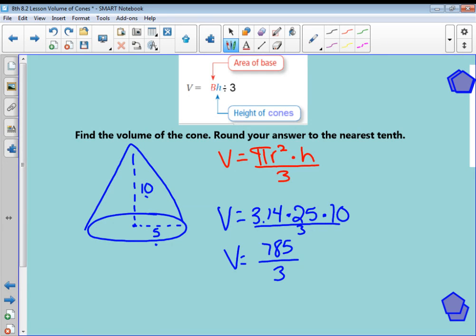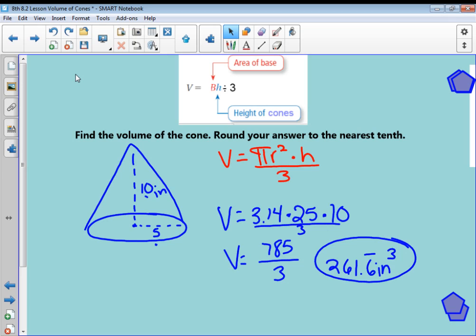And that gives me 261.6 repeating. And labels, let's say it was inches. So we're going to say inches cubed. Okay, so that's working with the formula and going through and actually solving for the volume of a cone. The only difference is because it gets smaller and smaller going up, you're going to go ahead and divide by 3.